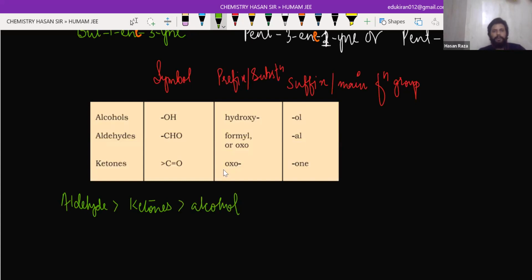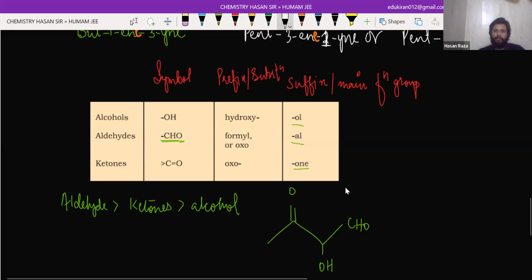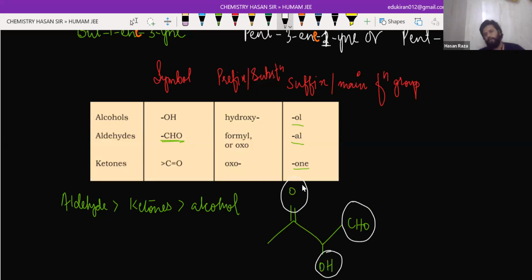Now, when aldehyde is the main functional group, let's say we have CHO, the C double bond O, and this OH. Aldehyde, this is your alcohol, this is your ketone. Are you getting my point?